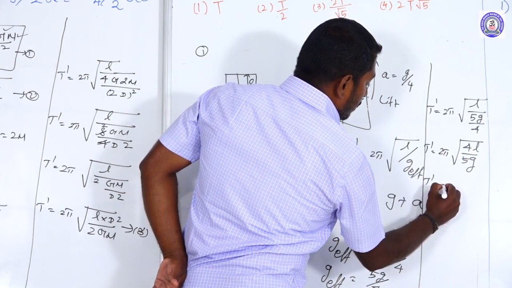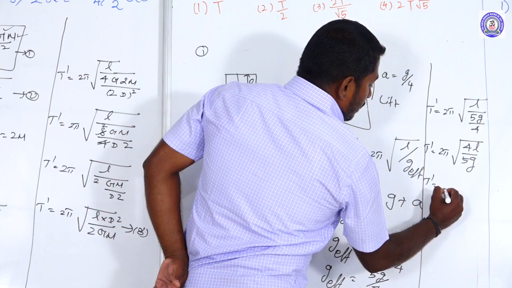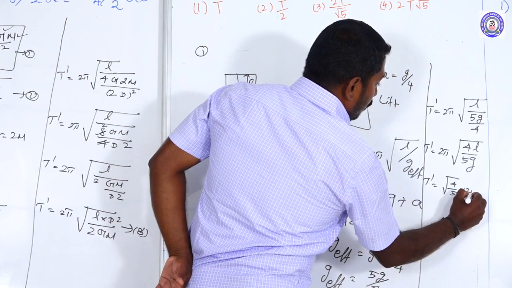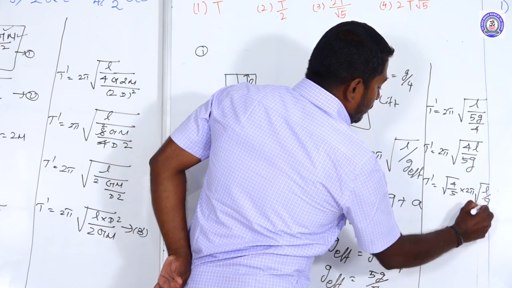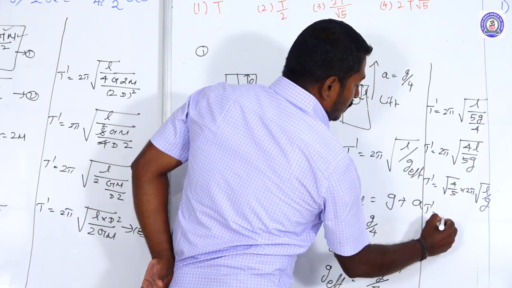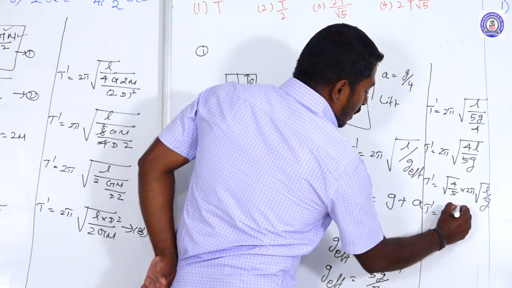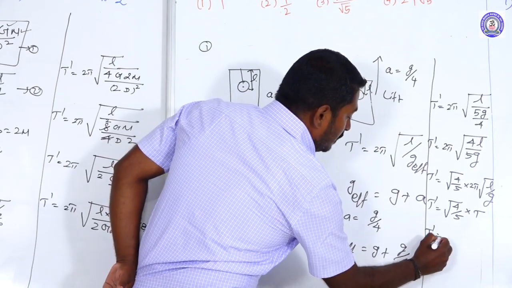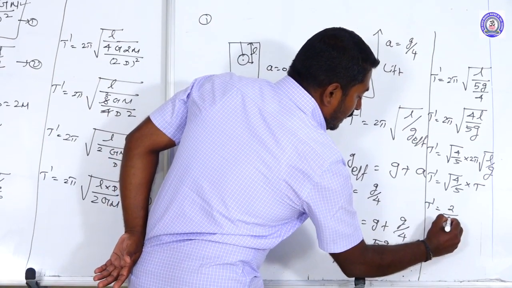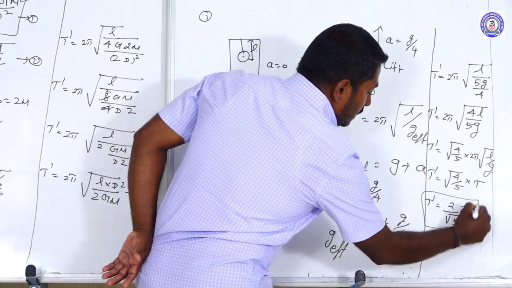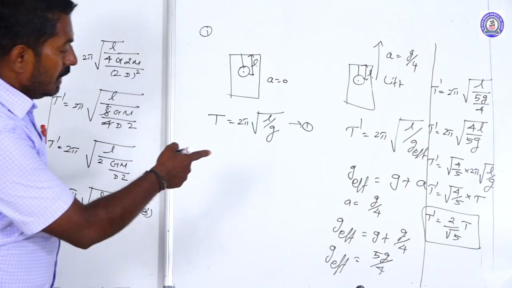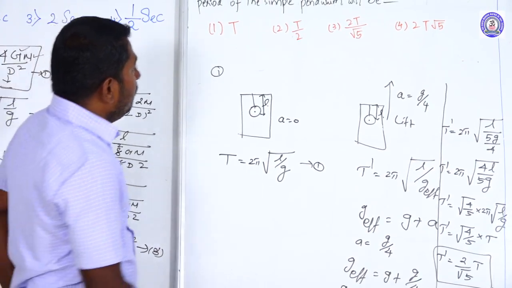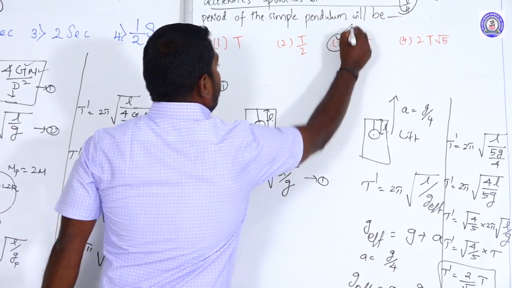So t prime is equal to square root of 4 divided by 5 into 2 pi square root of L divided by g. So t prime is equal to square root of 4 divided by 5 into T, then t prime is equal to 2 divided by root 5 into T. Now the new time period of oscillation t prime is equal to 2 divided by root 5 into T. 2T divided by root 5, third choice.